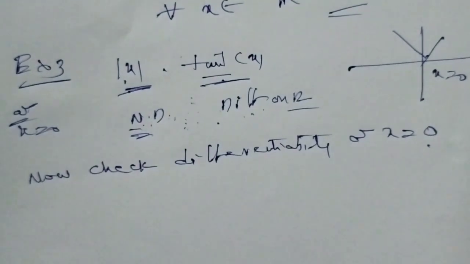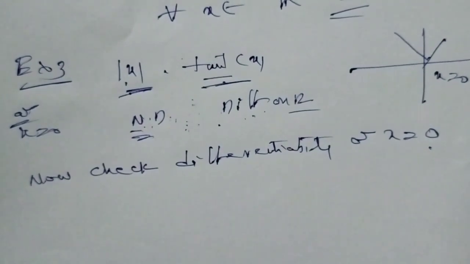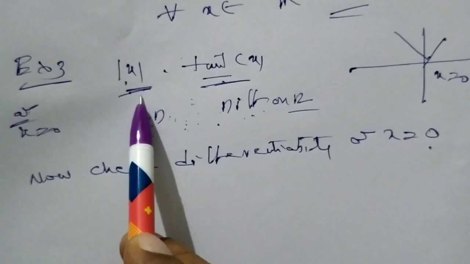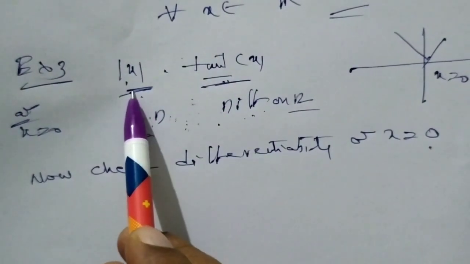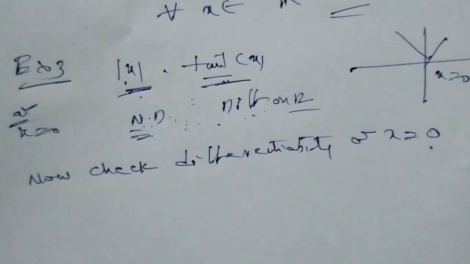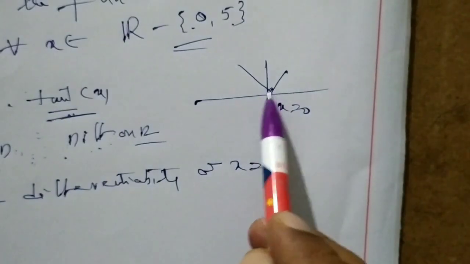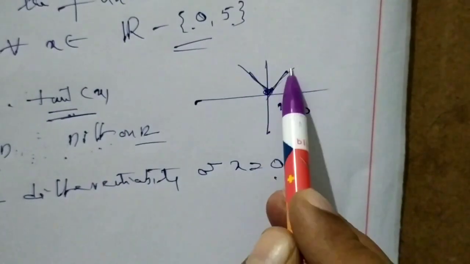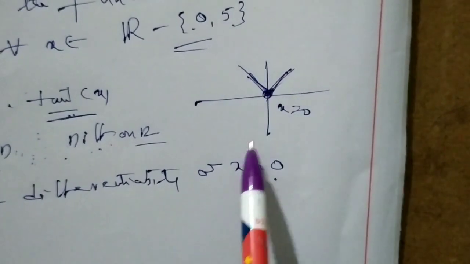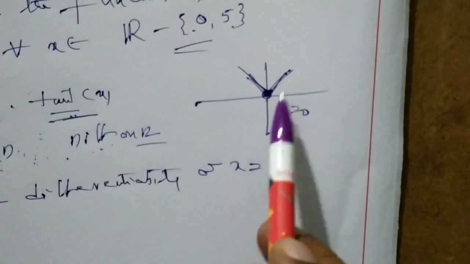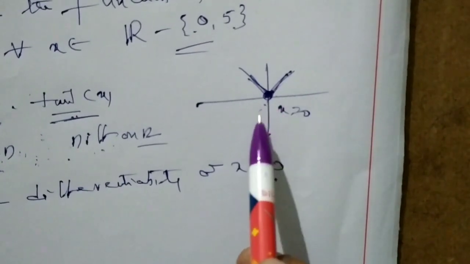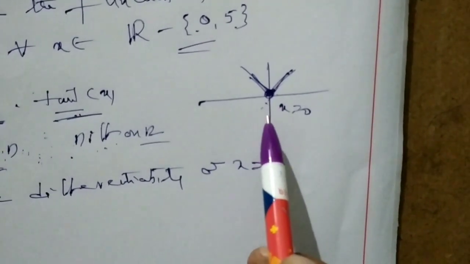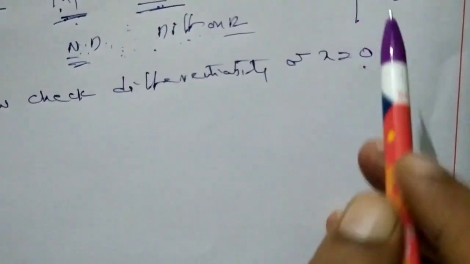Except x is equal to 0, at all the real numbers it is differentiable, since it is a polynomial-type function everywhere except x is equal to 0. At that point only it contains a V-shaped curve. Whenever we get a kink, it is not differentiable because at that point it contains two different tangents.